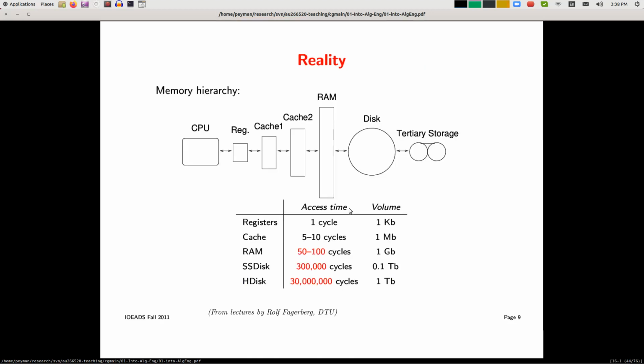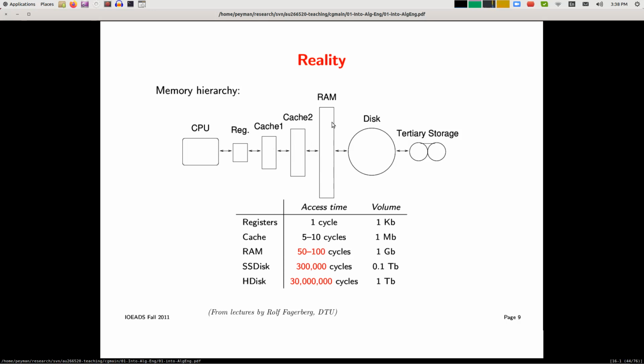A modern computer looks more like this: you have a CPU. The CPU has a bunch of registers that can be accessed in one clock cycle, so that's super fast. The CPU also has a level 1 cache that is quite fast, but its access time is a constant factor larger than the access time of a register. So let's say it takes 5 times longer to access cache 1. It takes quite a large number to access cache 2.